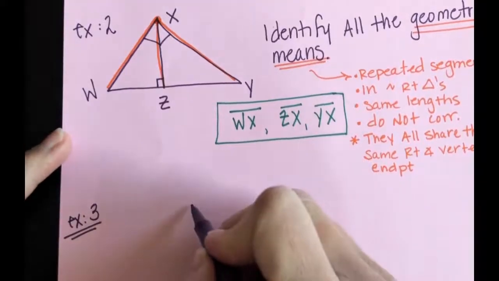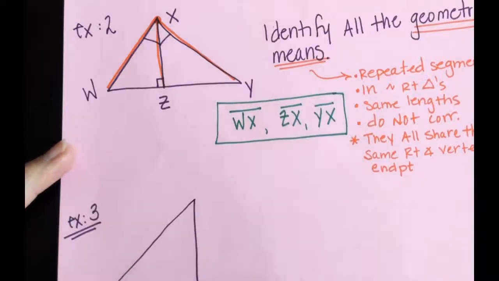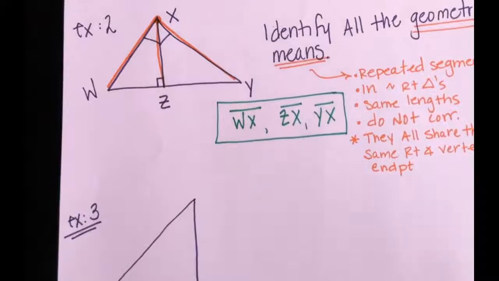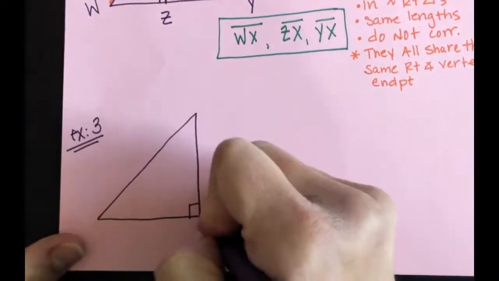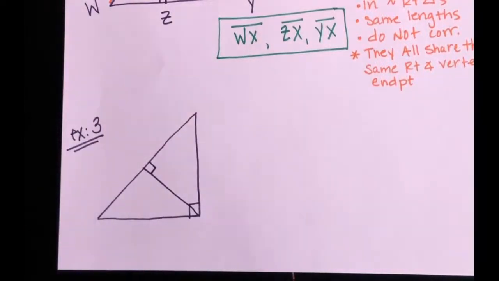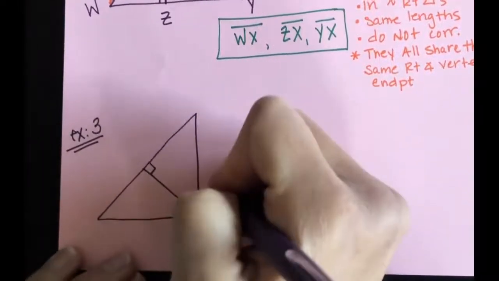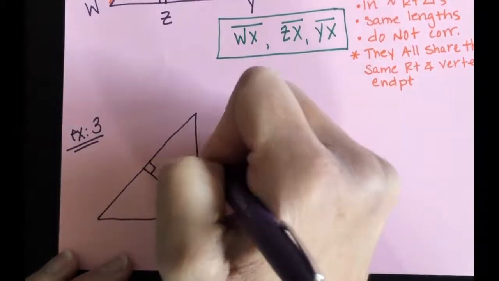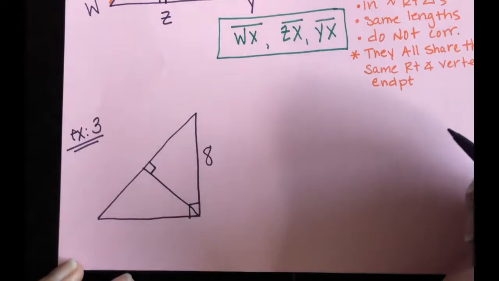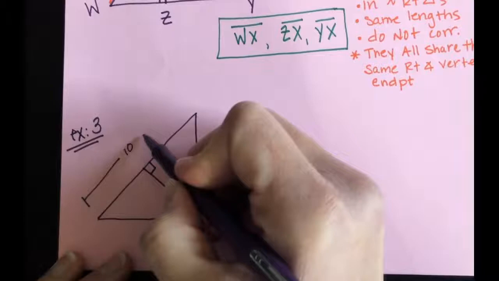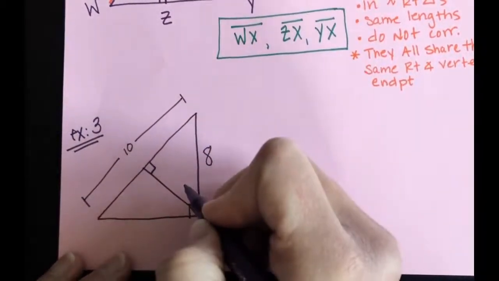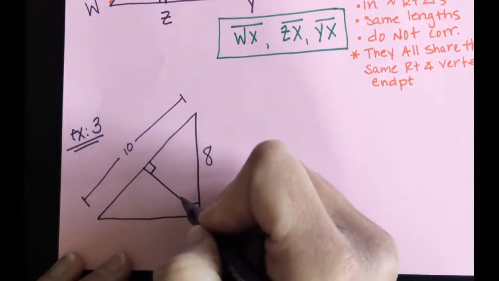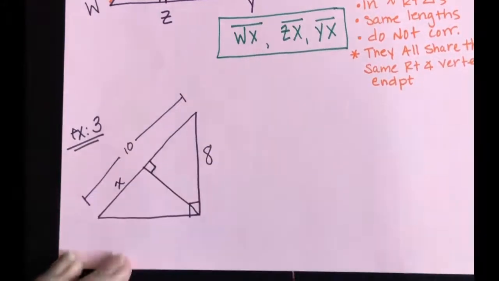We could use our formulas, but the only major thing is if we take our right triangle and we put that altitude in there, and then it tells us it wants us to find a missing length. So let's see here. Let's solve for x.